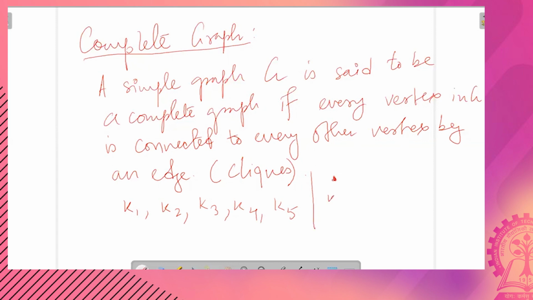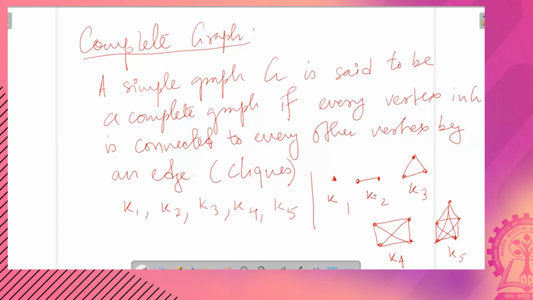K1 is a single node, K2 is an edge, K3 is a triangle, this is K4, and this is K5.